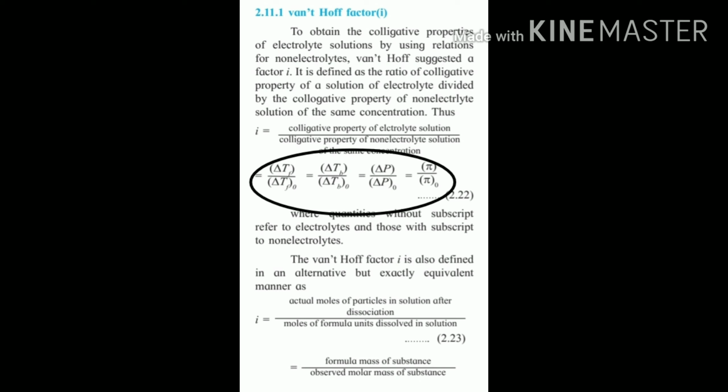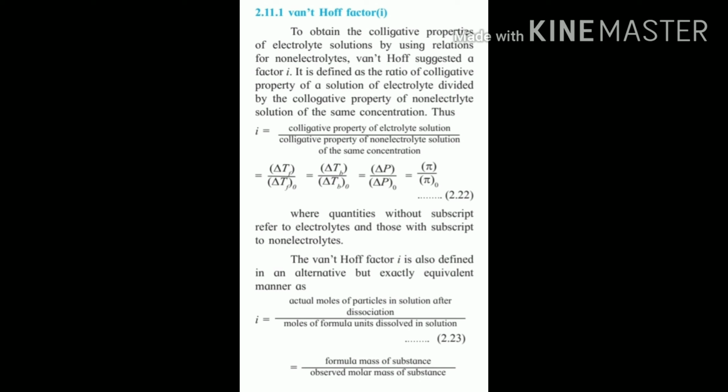Then delta TB, that is the boiling point elevation. Then you have delta P, that is lowering of vapor pressure, and pi is nothing but the osmotic pressure. Again I am telling you, the ones which are in numerator, they are the colligative properties of electrolytic solution, and the ones which are in denominator, they are the colligative properties of non-electrolyte solution.